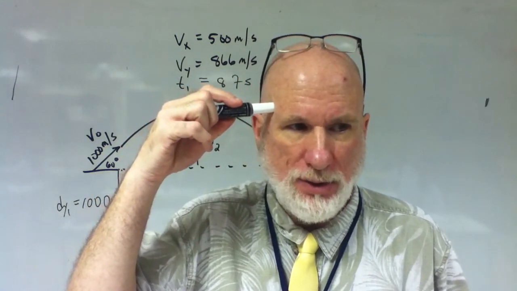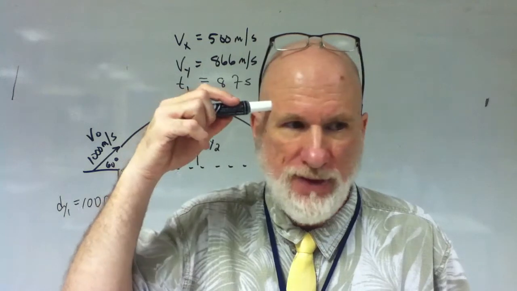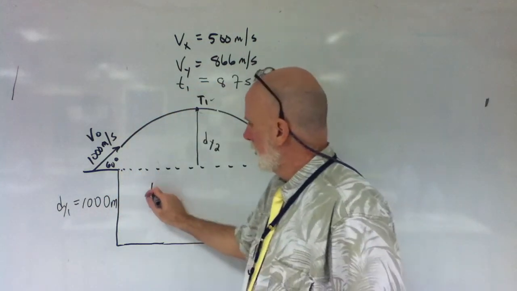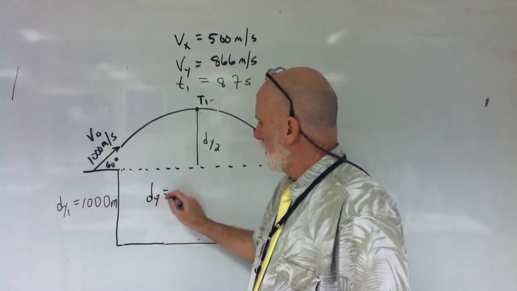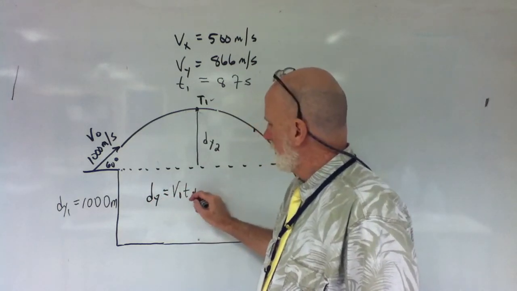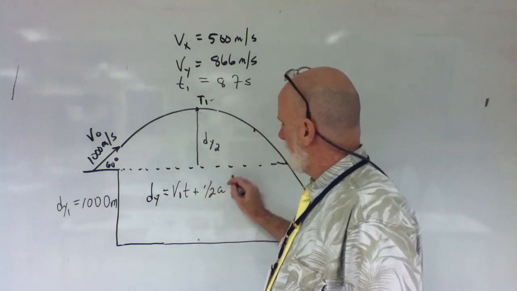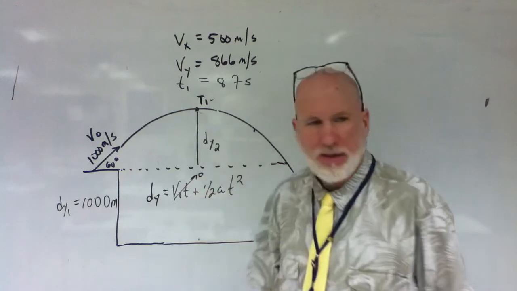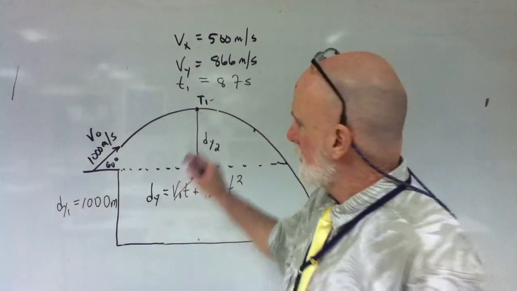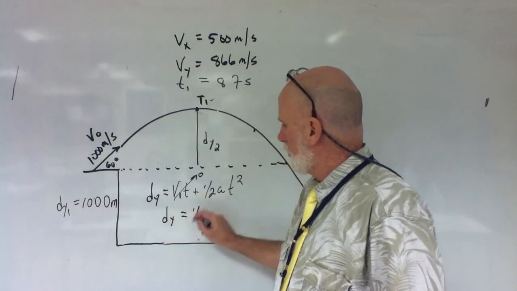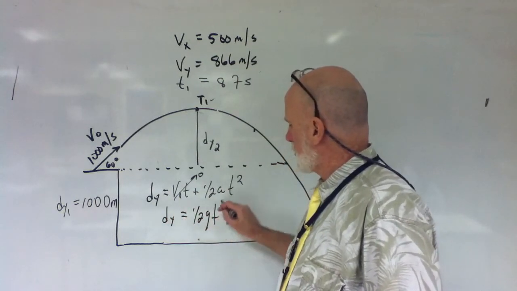dy equals 5 t1. How did I get that? dy equals what? v naught t plus 1/2 a t squared. This drops out because the v naught is 0. It's falling from a 0 velocity. So you get dy equals 1/2 g t squared.